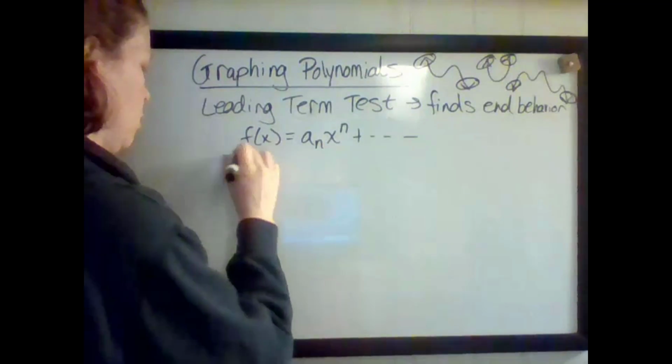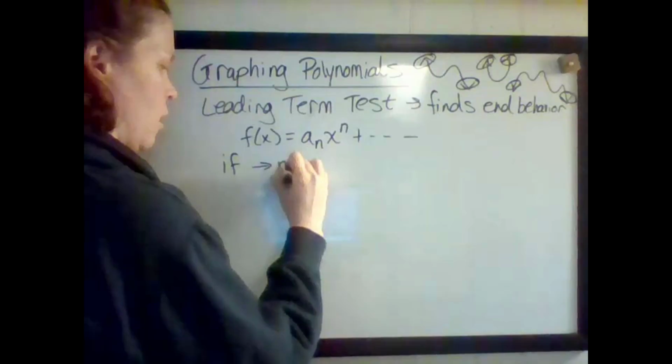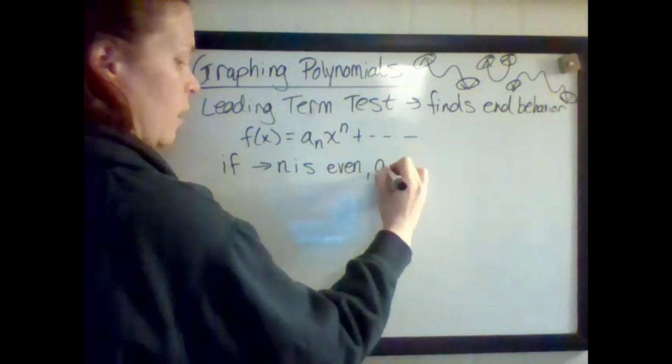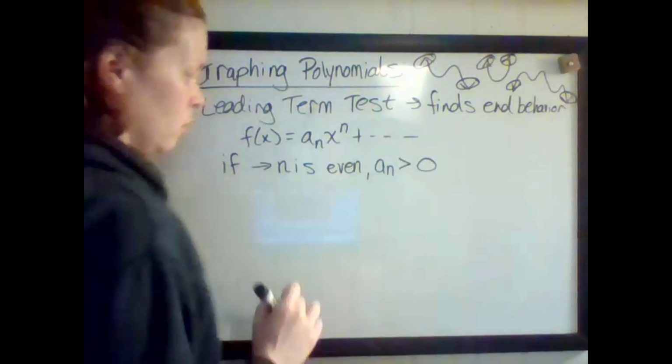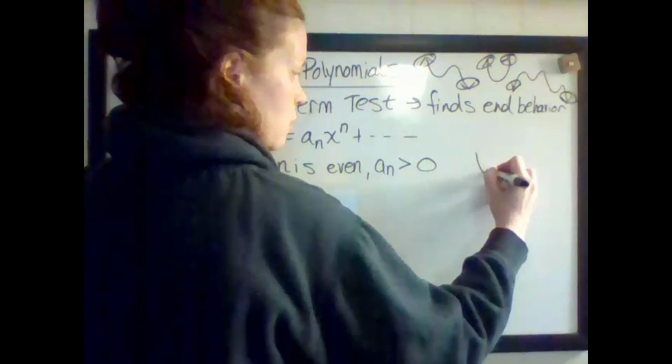So there's going to be 4 situations. If n is even and a sub n is greater than 0, what happens is that it looks like this.